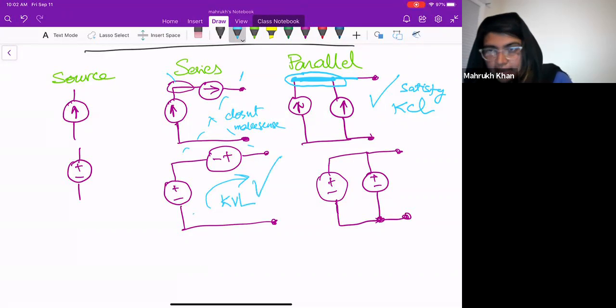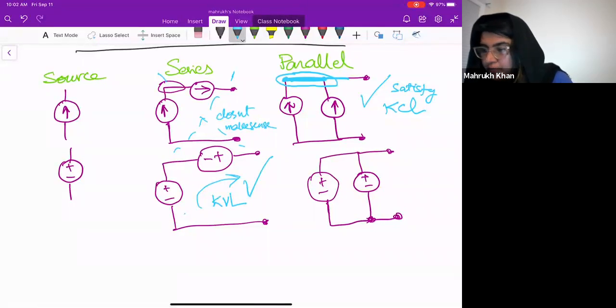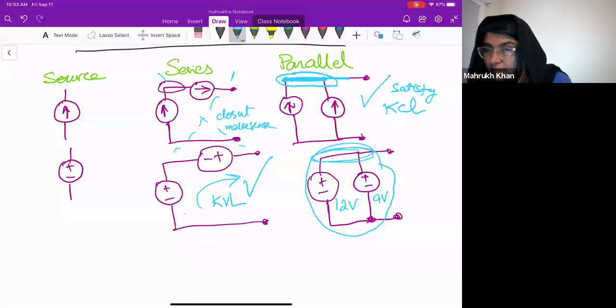So this is satisfying KVL. This is okay. But here, you are having two voltages; this can be 12 volts, this can be 9 volts. If they are in parallel and there is a single node, there will be no single voltage drop. So it's not satisfying KCL or KVL.